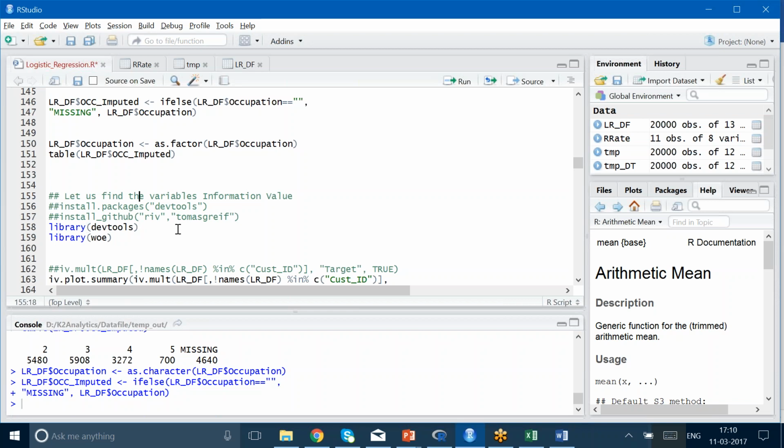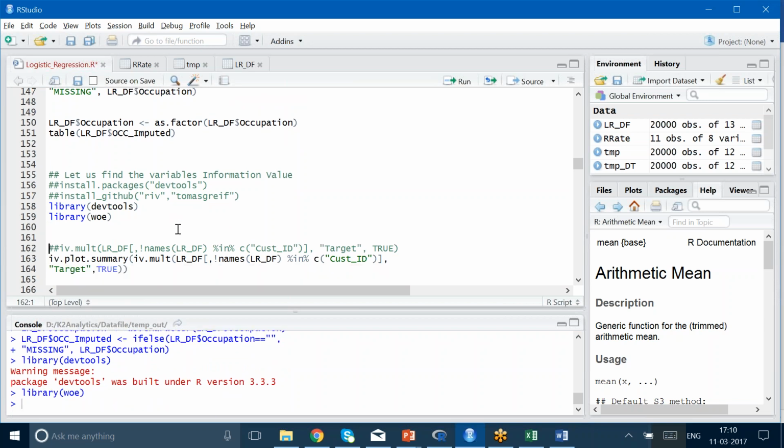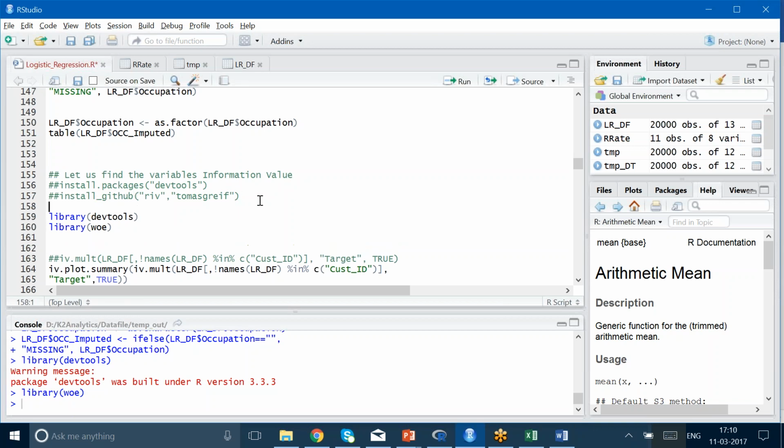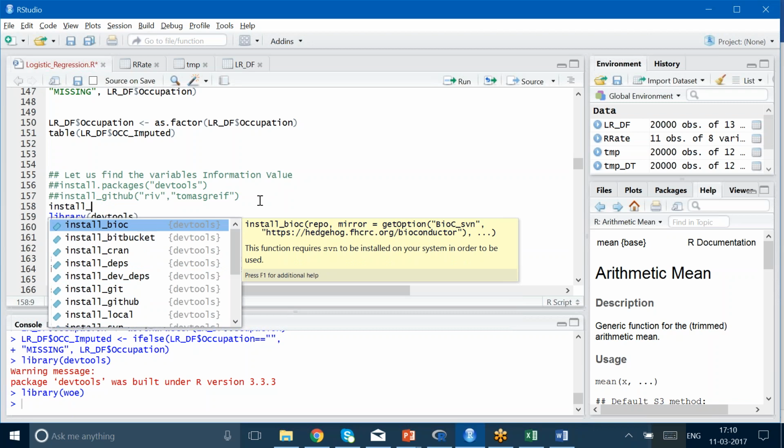So here, I already have this package installed, so I'll just load it. Just see whether you have the package installed or not. If you don't, then you have to run this command, devtools, and you may have to run this command too, or the command might be different because there was a recent change.